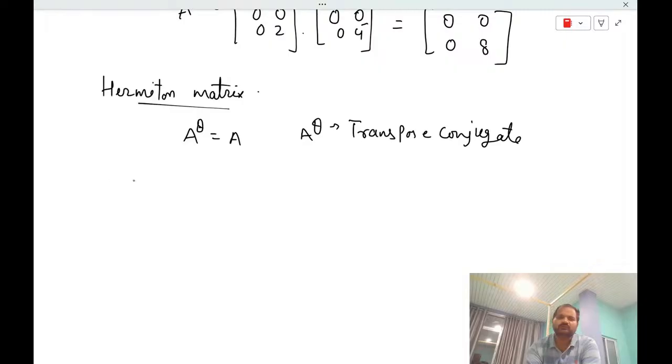So A to the power theta can be written as aij is equal to a bar ji.